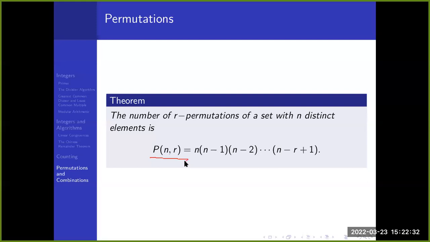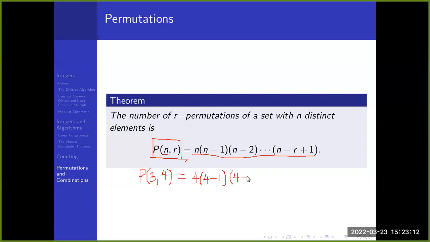We are making this statement. Anytime you want to compute the number of R permutations of a set with n distinct elements, that's the formula we should use. So for instance, in the previous exercise, we were looking for the number of 3 permutations from a set with 4 distinct objects. So this tells us that the total number should be 4 multiplied by 4 minus 1 multiplied by, is it 4 minus 2?